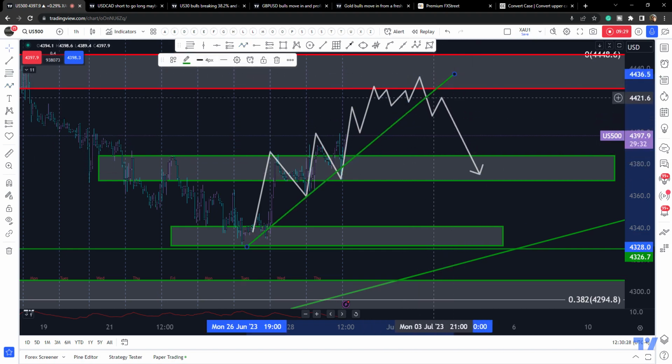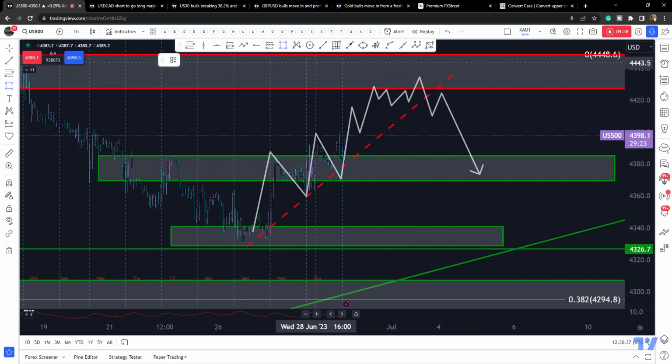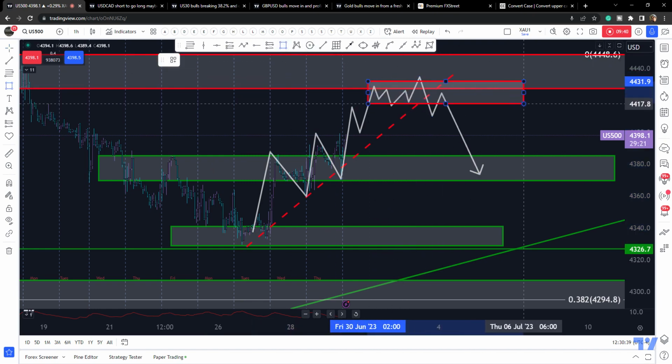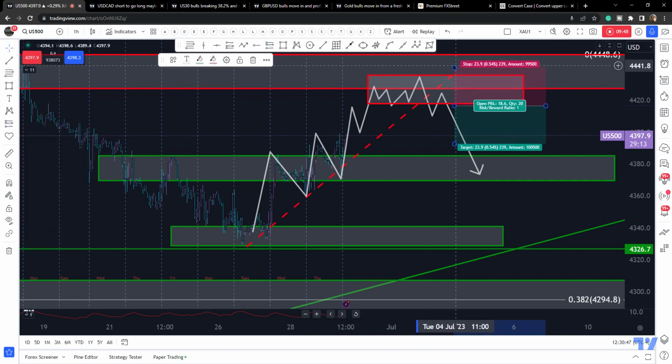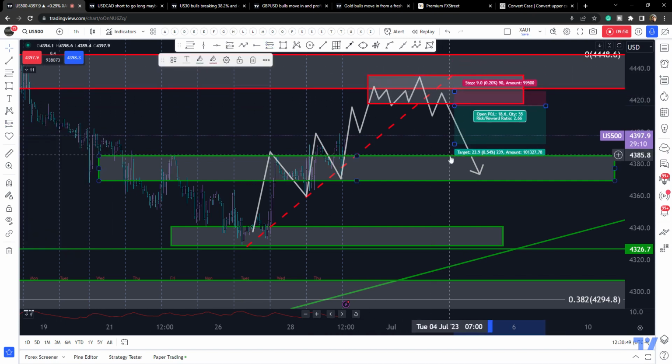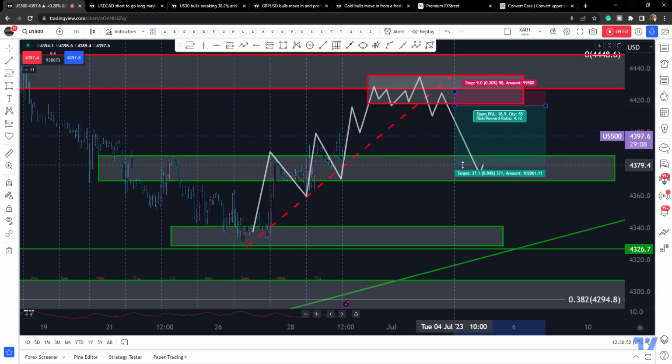So a break of this trend turning bearish, a retest of whatever congestion we get up here as resistance, and then that would be my short to the downside, to target into this area.